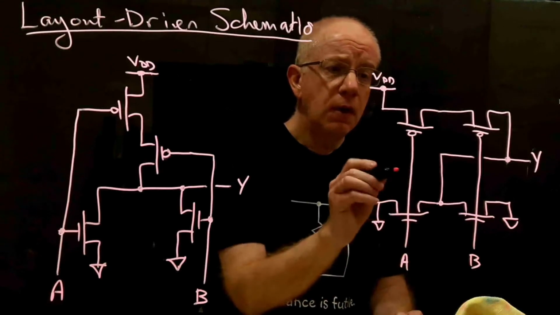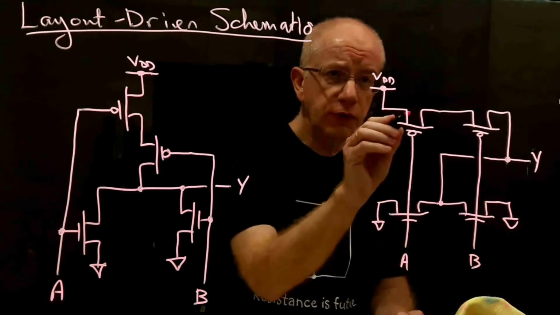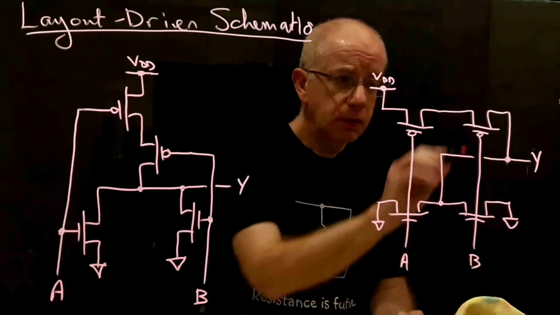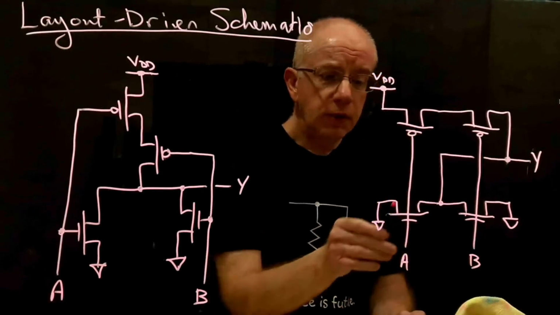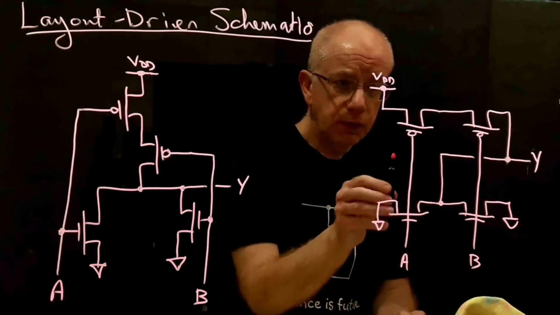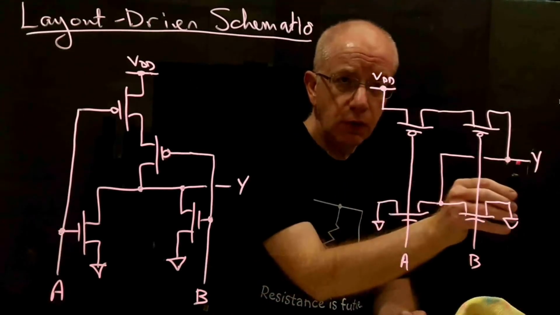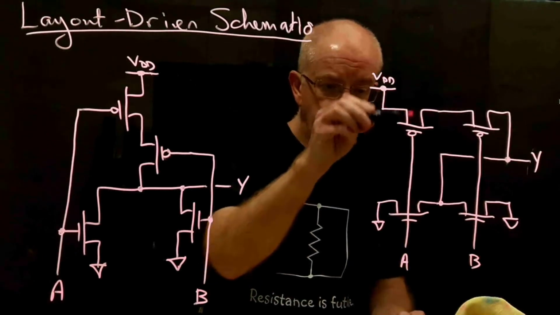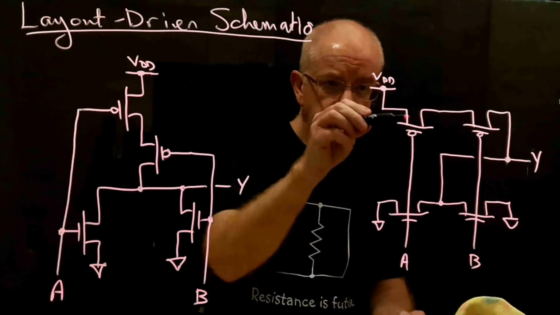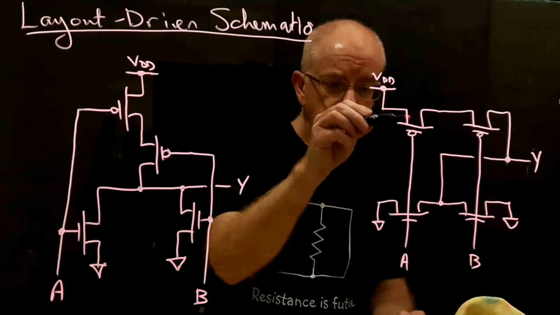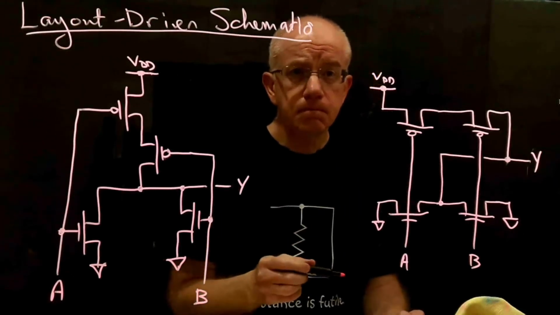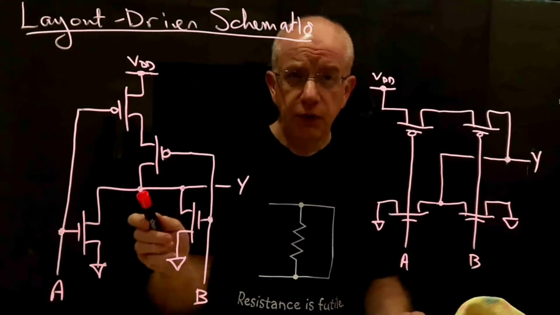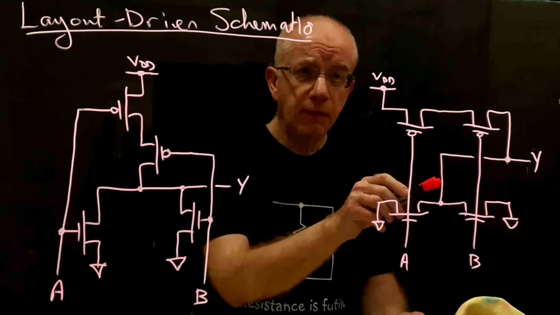And then we have our transistors with the gates coming across, and this would be the polysilicon coming across like this. And we order the transistors in the order that they would appear in the layout, and we would align vertically here the transistors that correspond to each other in the pull-up and the pull-down network. And so you can see that the connectivity is the same here as it is over here, but this will map very nicely onto the layout.